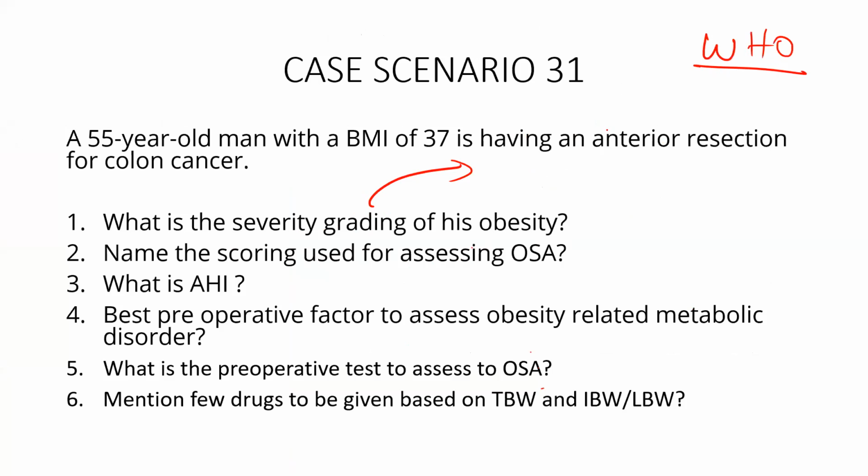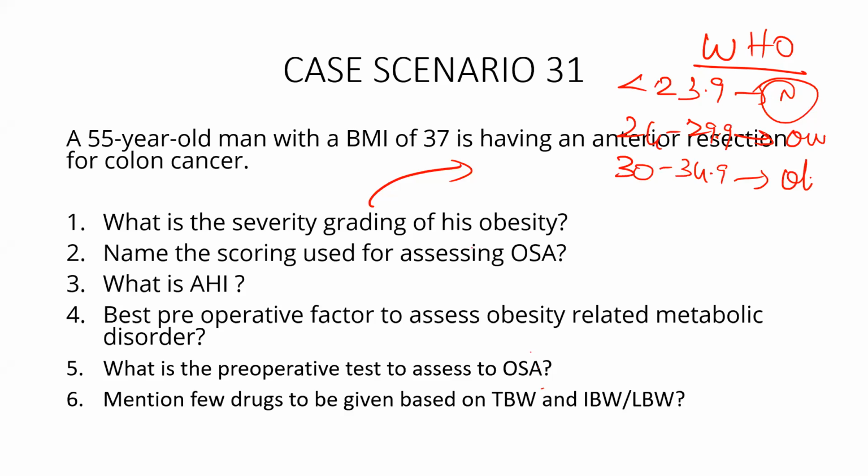Sir, 18.5 to 24.9 is normal BMI. 25 to 29.9 is overweight. 30 to 34.9 is obesity, class 1. 35 to 40 is morbid obesity, class 2.